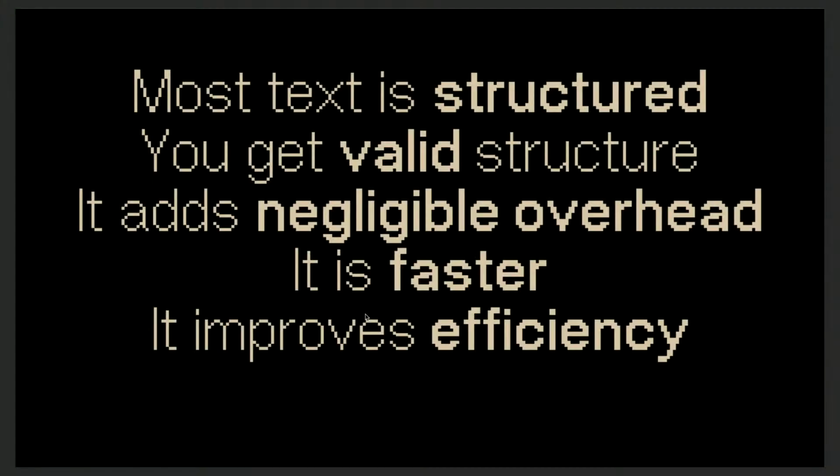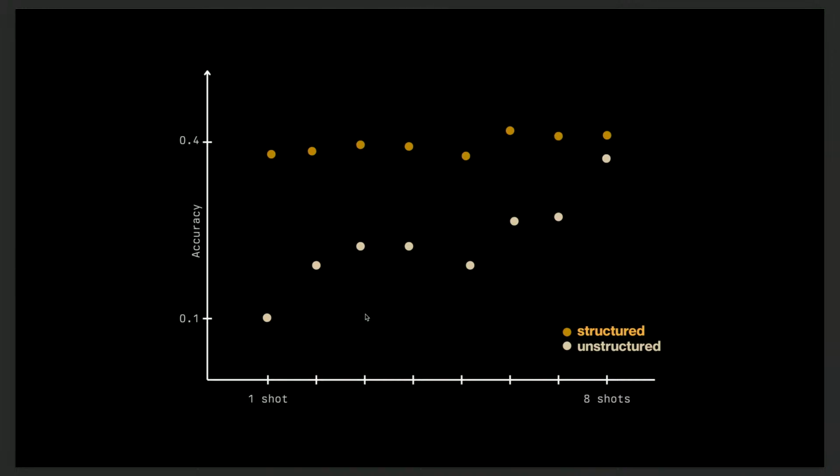Then it improves efficiency, and that's probably the most mind-blowing result that we've had. Here what you're looking at is the accuracy on GSM8K with, again, Mistral 7B v0.1, structured and unstructured. We look at the accuracy as a function of the number of shots, so the number of examples that you give to the model before asking the question. And what we found is that for unstructured, 1 shot is worse than 8 shots.